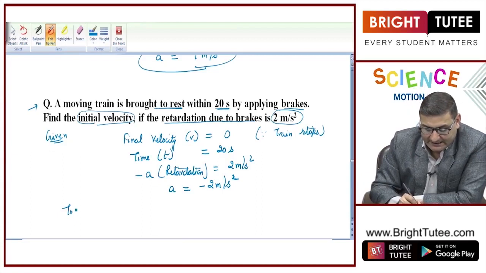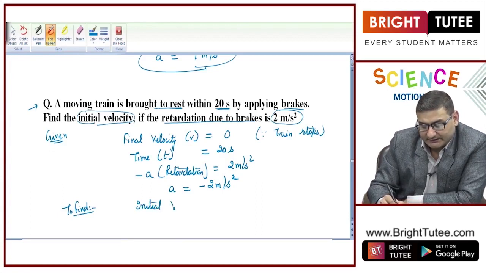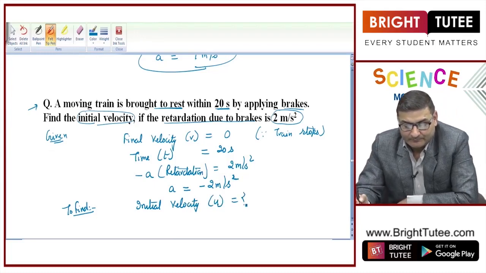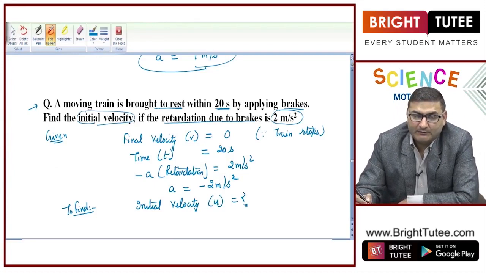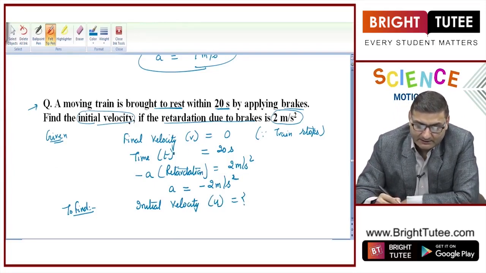What exactly am I supposed to find? I am supposed to find the initial velocity of this particular train, represented by small u. Now, small u, initial velocity, I can find from all the three equations, but we need to see what exactly is given to us. U we have to calculate; v, a and t are given, no s.